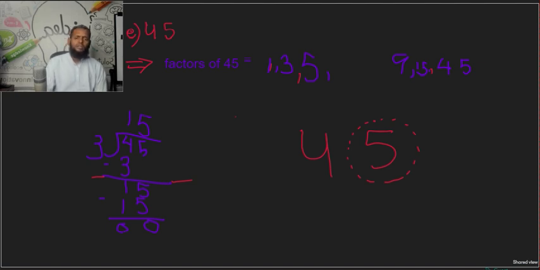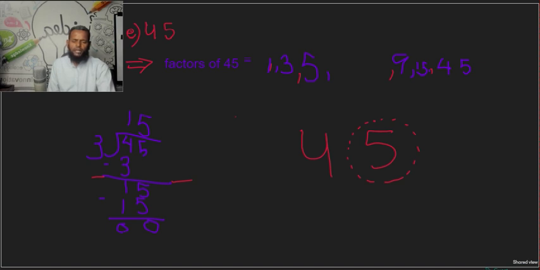You should think, read the table and check. Is 45 a factor of 6, 7, 8 or not? Check. Is there any factor between 5 and 9? Is 6 a factor or not a factor?